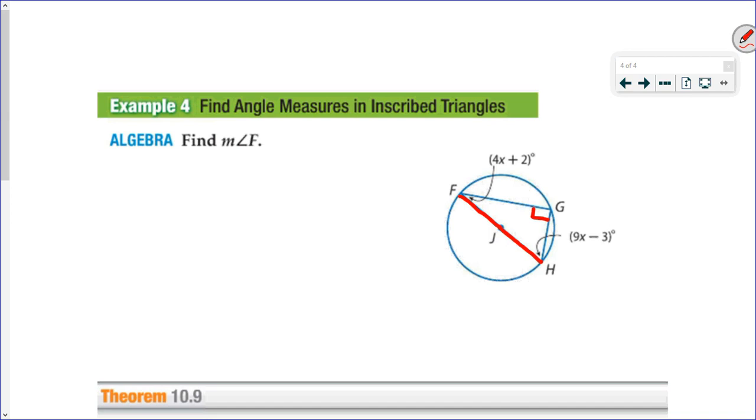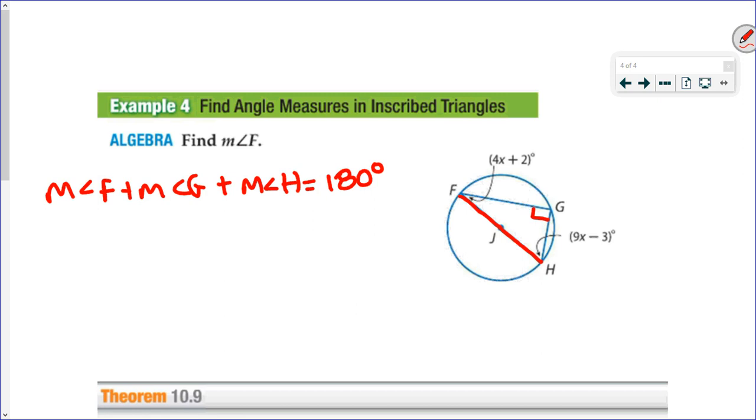Again, we also know, this is just from semester 1, that the three angles of a triangle add up to 180 degrees, the sum of the interior angles of the triangle. All three of these angles should add to 180, so we can use that to find angle F.